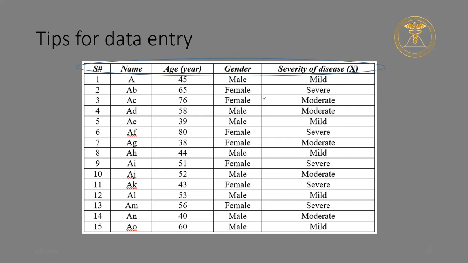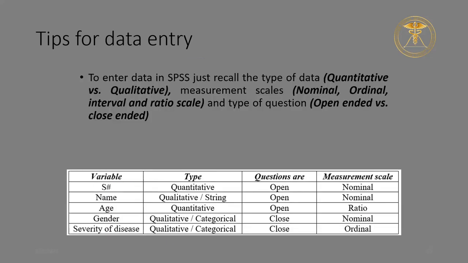So here are a few more tips for you people. These are the variables. This is the data. Just for your understanding, I may have intentionally made one or two mistakes, you need to correct them. My serial number was quantitative, it was open, so I give it nominal.